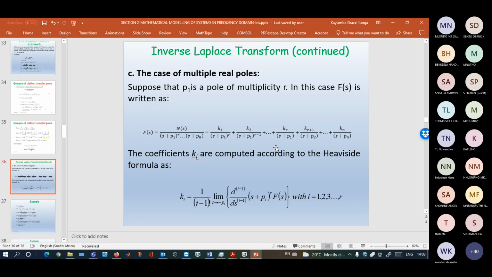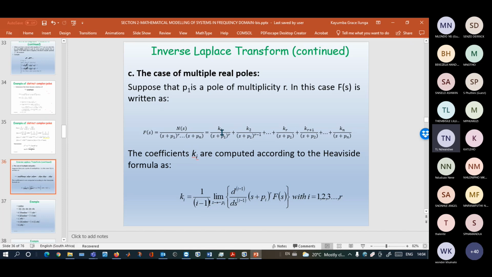So the case where the poles are the same, but they are many. They can be 3, they can be 4, but they are the same. So in that case, we have the function F of s over this one, where the exponent can be 1, 2, 3, or 4. How are you going to write it?